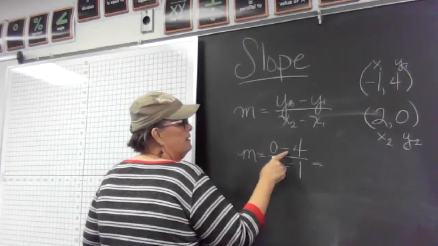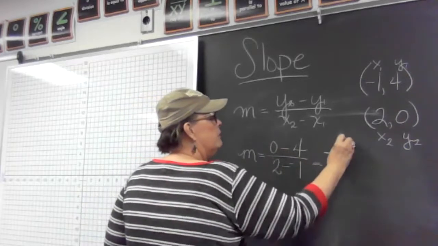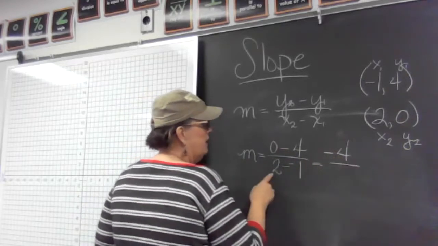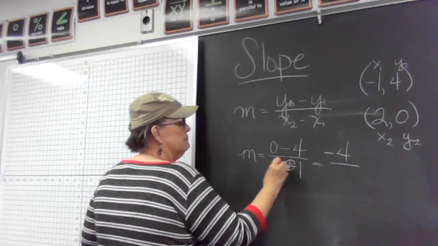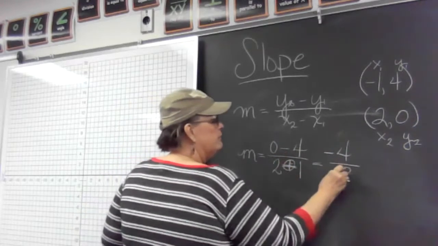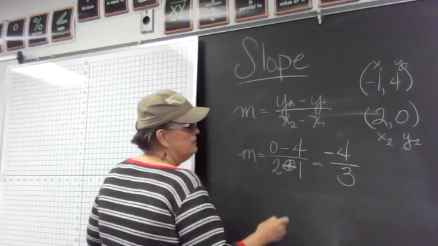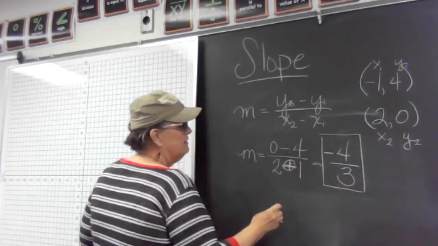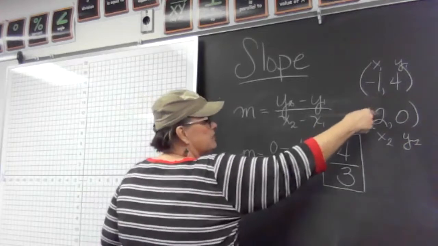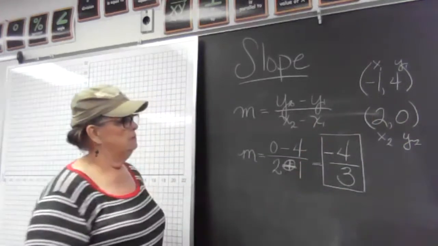So 0 minus 4 is a -4. On the bottom, we know that if we have 2 negatives together, that's plus, and we have 3. This will not simplify. This is the slope of the line that connects these 2 points.